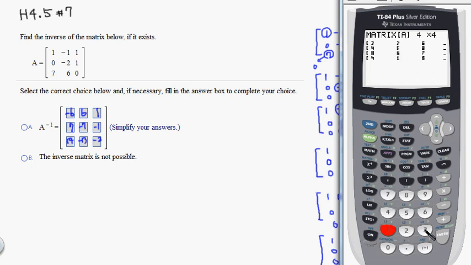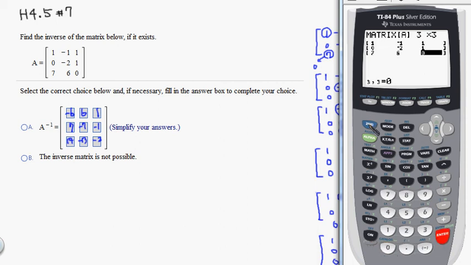This is 3 by 3, so 3, enter, 3, enter, and you have to enter the original matrix: 1, -1, enter, 1, enter, 0, enter, -2, enter, 1, enter, 7, enter, 6, enter, 0, enter. All right, so that's the matrix.